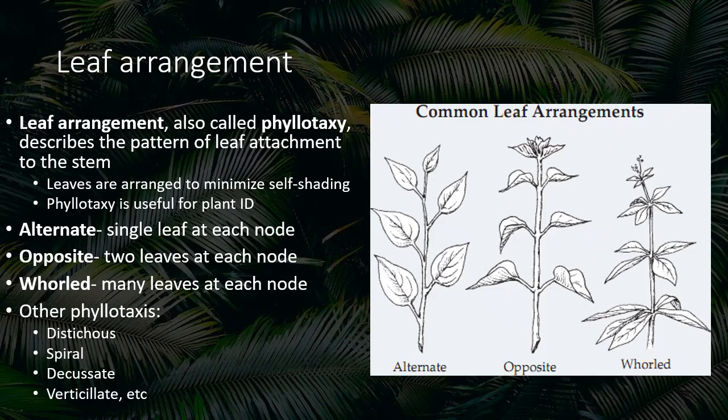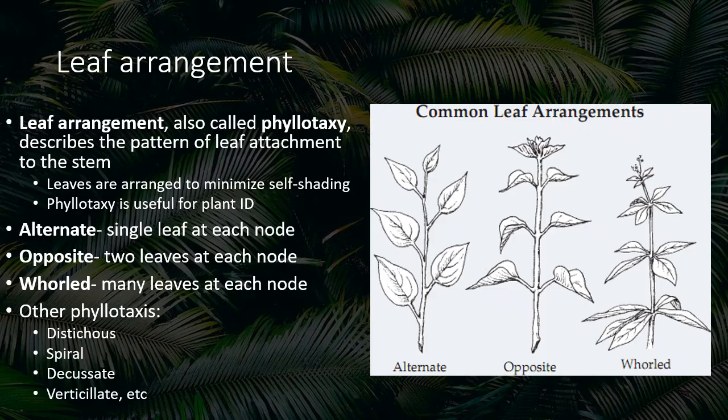We describe phyllotaxy as alternate if we have a single leaf at each node, opposite if we have two leaves at each node along the stem, and whorled if we have many leaves at each node. Typically, in the axil of each leaf, where the leaf meets the stem, we have one bud. Not always, but that's certainly typically the case.